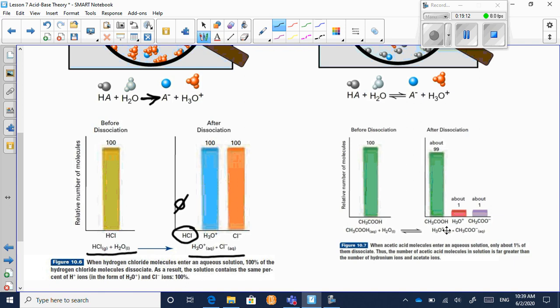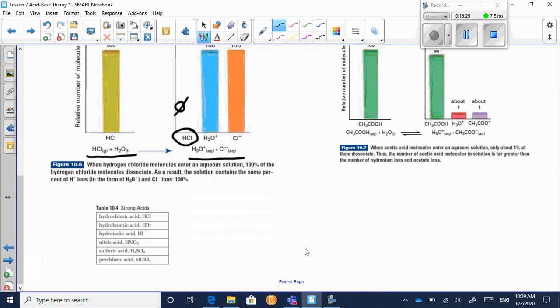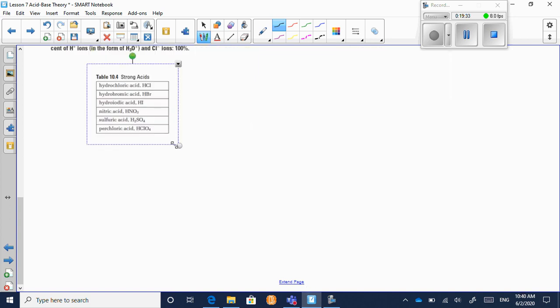So very few of those acidic ions form, and so that's why it's weak. And obviously acetic acid, vinegar in this case, you can put on your French fries, and so it's a weak acid.